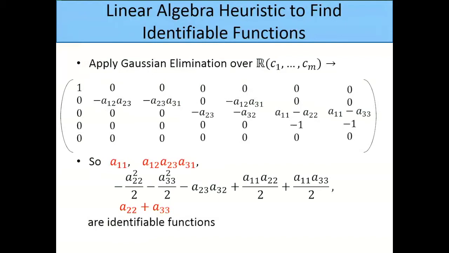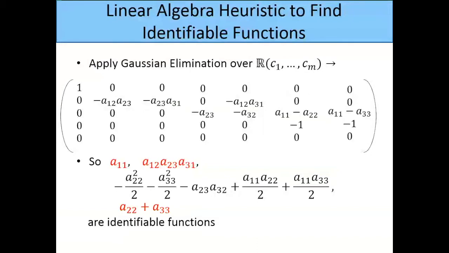So the main issue with this method is that, just like with the Gröbner basis method, where I don't know a priori which elimination orderings to choose, I don't know a priori what the best parameter orderings are. So I may have to apply this Gaussian elimination process to different column orderings. But the nice thing is that this method always finds identifiable functions, because at any point in my Gaussian elimination process, I can take a row vector, dot it with my parameter vector, and get an identifiable function.